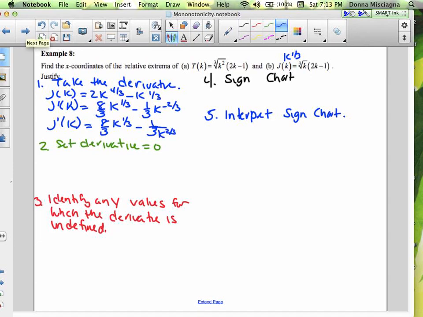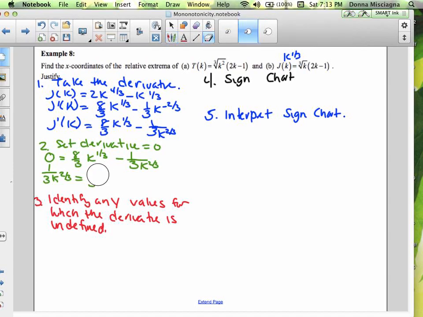Set the derivative equal to 0. So we have 0 equals 8/3 k to the 1/3 minus 1/3 k to the 2/3 in the denominator. Let's add that to the other side. So we have 1 divided by 3k to the 2/3 equals 8 over 3, excuse me, should be 8 and k to the 1/3.